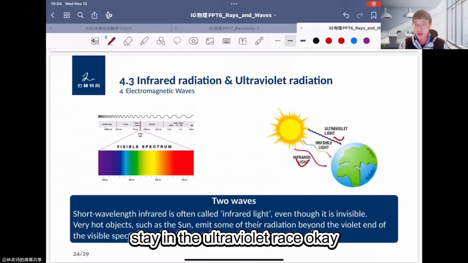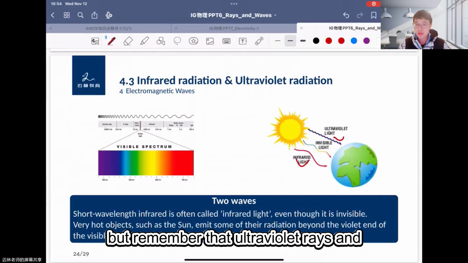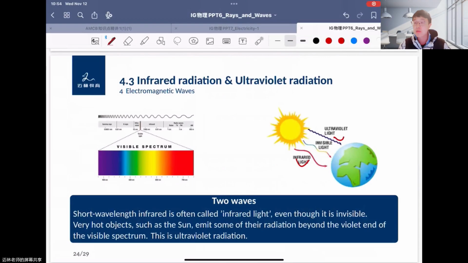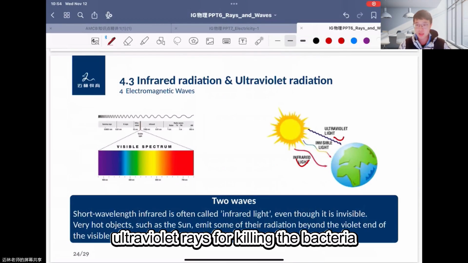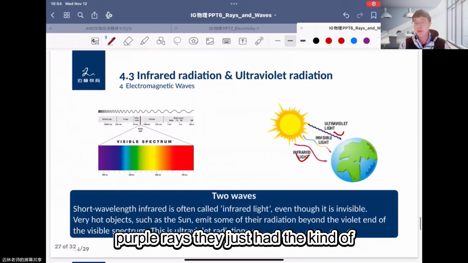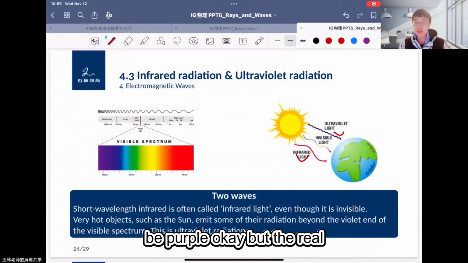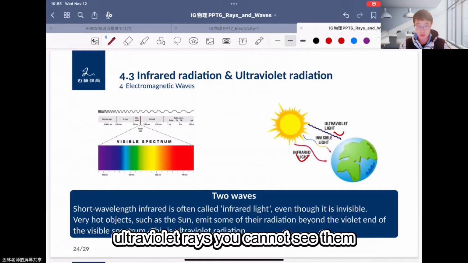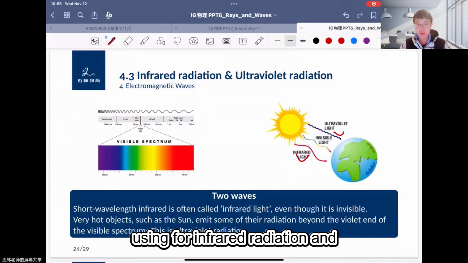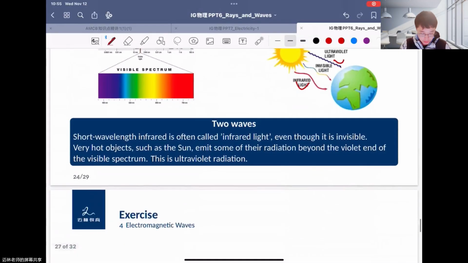But remember that ultraviolet rays and infrared rays are both invisible. Sometimes you'll see ultraviolet lamps for killing bacteria that look purple. They're not the real ultraviolet rays; we added some purple light inside so it seems to be purple. The pure ultraviolet rays, we cannot see directly. This is for infrared radiation and ultraviolet radiation.